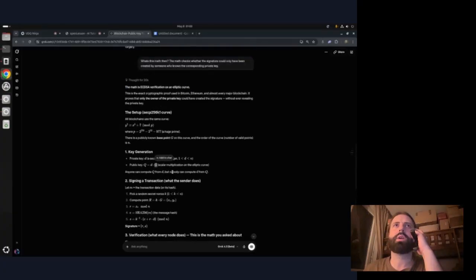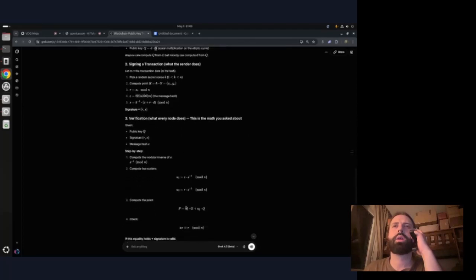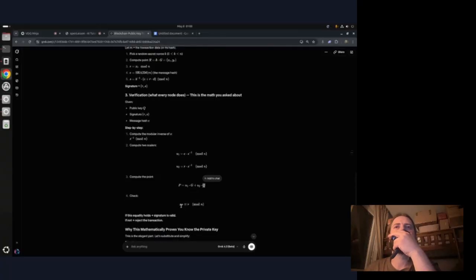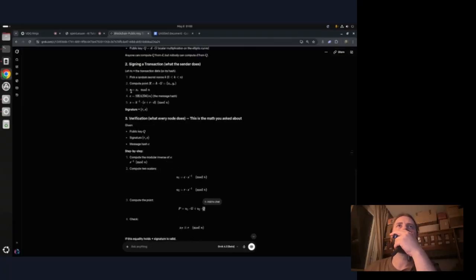It's the known point. And then Q. And then check if the x of this point equals R.